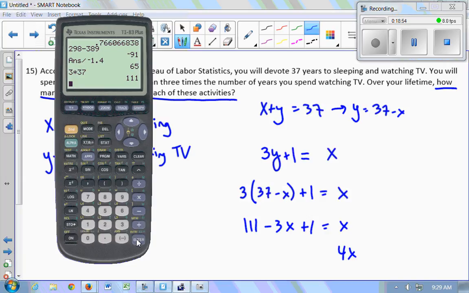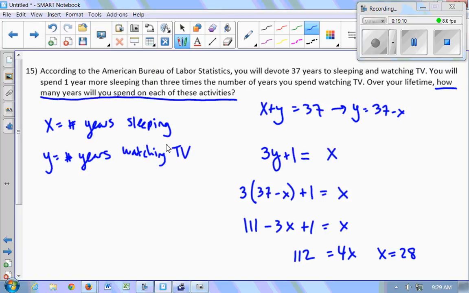So move the 3x over and I get 4x, and this is 112. And I get x is 28. And 28 was number of years sleeping. X is 28. So it's 28 years sleeping, which means how many years are spent watching TV? 9.